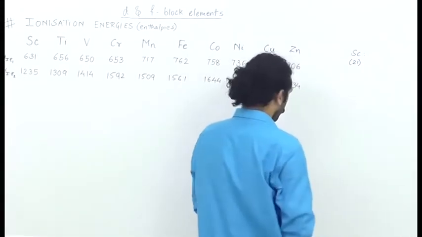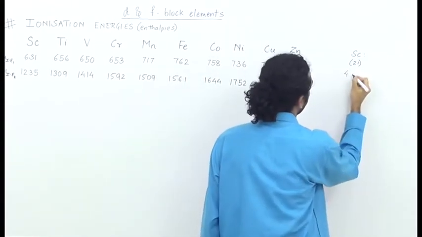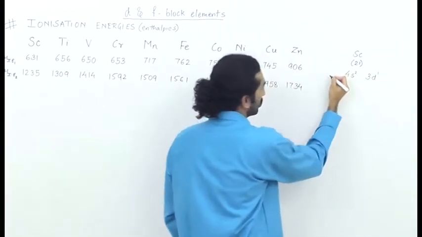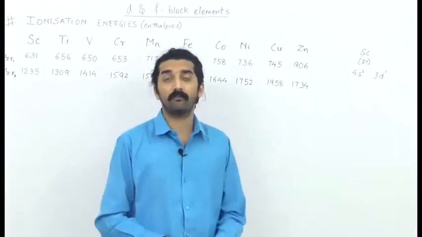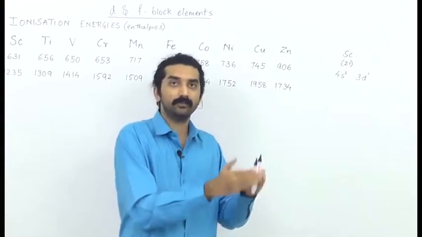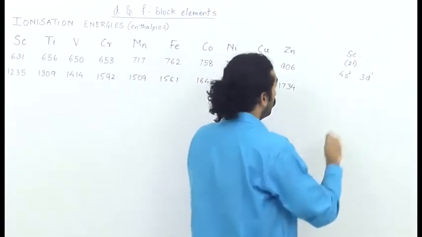And the electronic configuration of the outermost orbit is 4s2 3d1. Before this there is argon, with the electronic configuration 1s2 2s2 2p6 3s2 3p6.